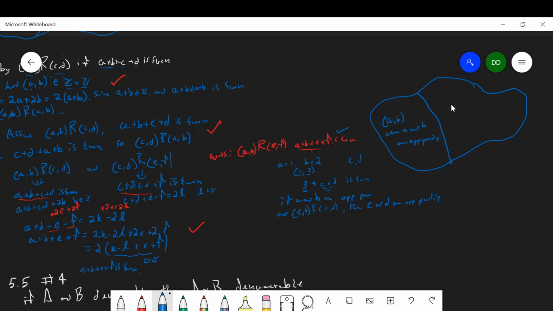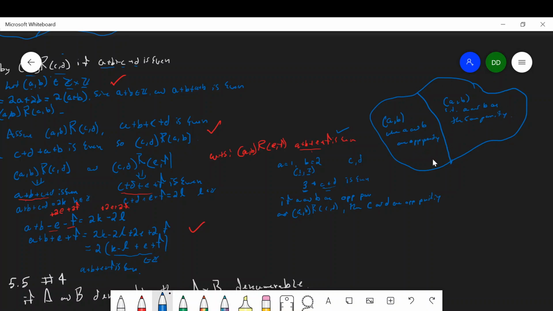So over here, we have all A and B such that A and B are the same parity. So that's it. Those are the only two options, opposite parity and same parity, and they split up this Cartesian product, integers cross integers, into these two sets. So the ones of same parity and the ones of opposite parity.